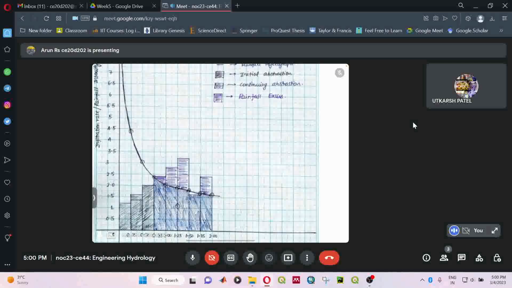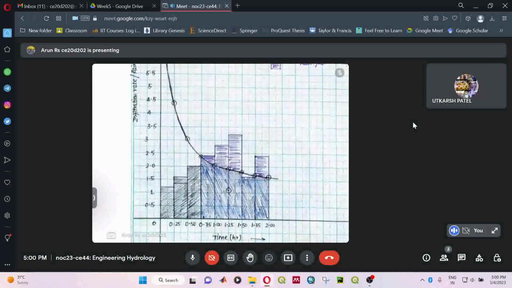It is called continuing abstraction because during this period your runoff also generates and infiltration also happens. So infiltration happens, and runoff also happens simultaneously. But just before that particular time step, 0.75, only infiltration happens, but there is no runoff.